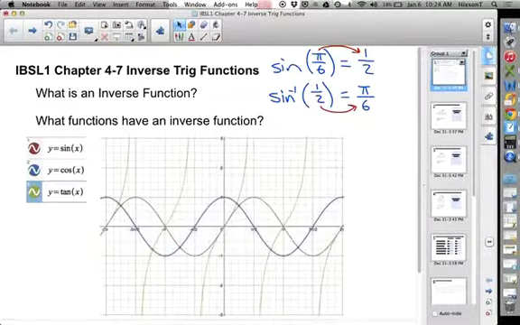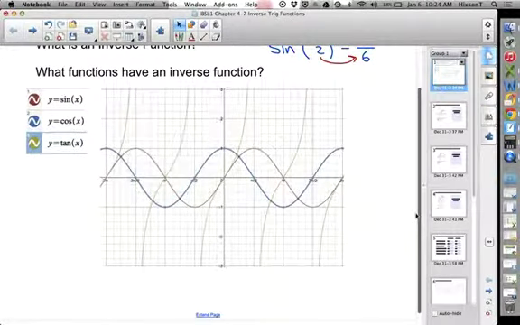So as we look at our three main trig functions, okay? This red one here is our sine curve, the blue one here is cosine, and you've seen this green one, tangent, briefly, okay? Which of those has an inverse function?